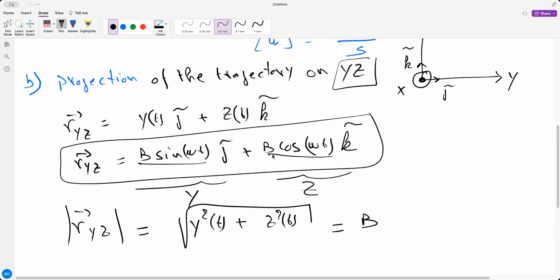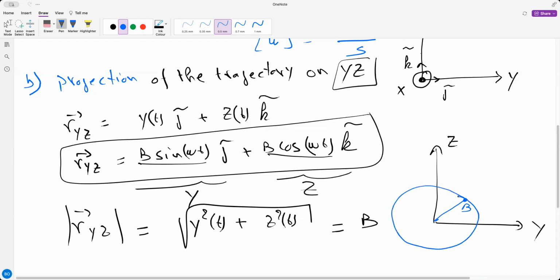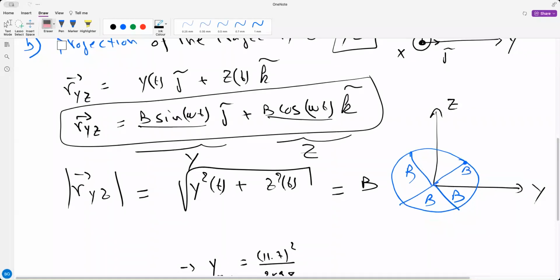What does this mean? If I look at the y and z axes, whatever the time, this object is just doing a circle that has radius b at any time. So at any time, this object has a circular projection in the YZ plane.